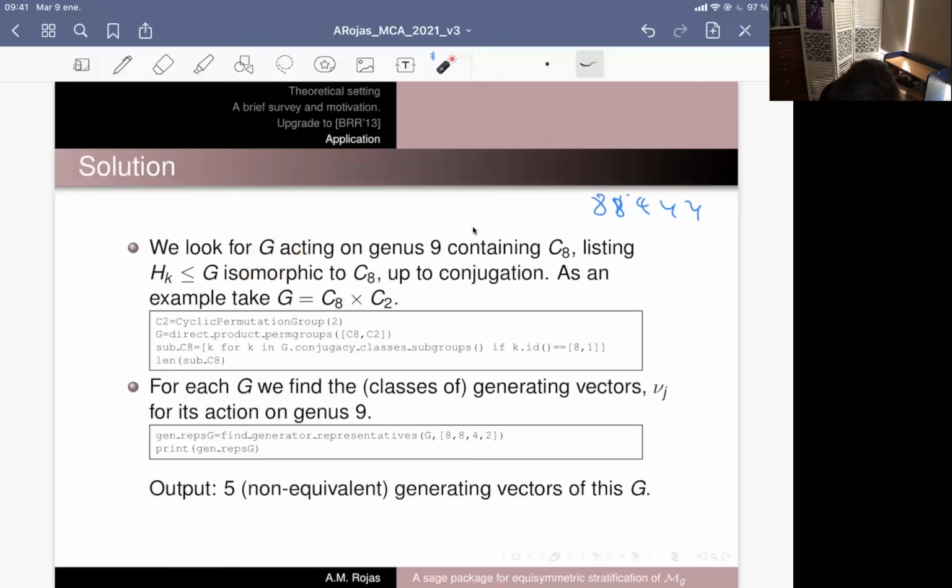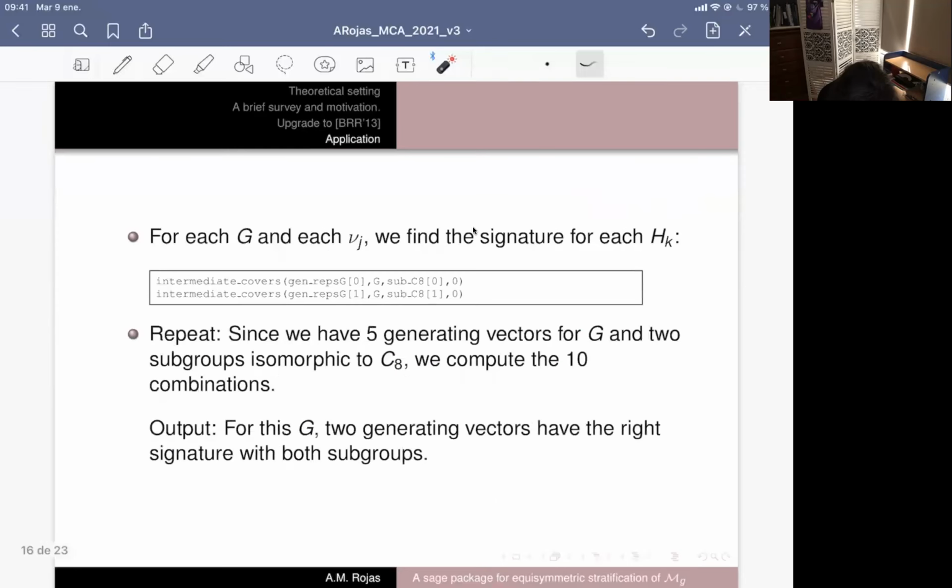Let me show you, for instance, this group, which acts on genus 9, and I ask for how many actions, and it says that it has 5 actions up to topological equivalence, and of course it has 2 cyclic subgroups isomorphic to CH, non-conjugated, and we need to restrict the action.